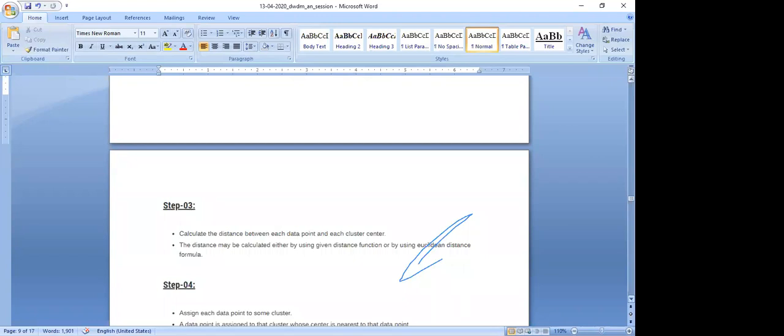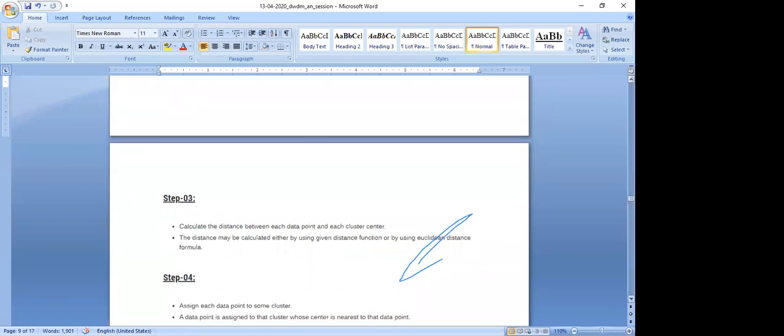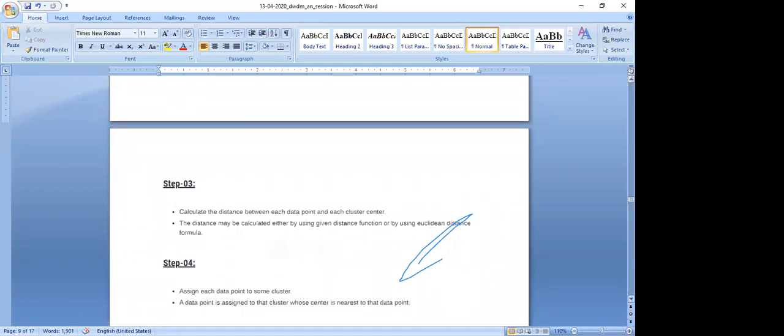After the distances are calculated, we choose the cluster whose distance is less. We calculate from data point 1 to cluster center 1, the same data point to cluster 2, and the same data point to cluster 3. After calculating that, we get values, and we move on to assigning each data point to a cluster.